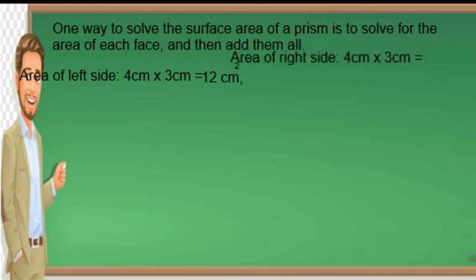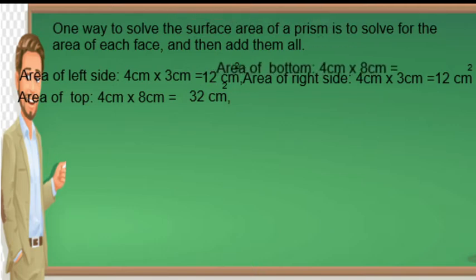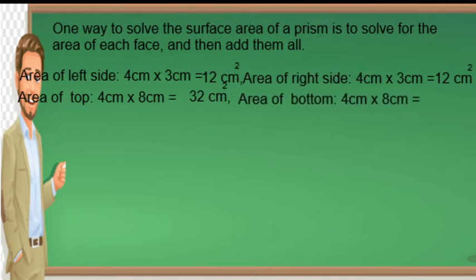And the right side is also 4 multiplied by 3, which is equal to 12 square centimeters. And the area of the top is equal to 4 times 8, which is equal to 32 square centimeters. And the bottom is also 4 times 8, which is equal to 32 square centimeters.